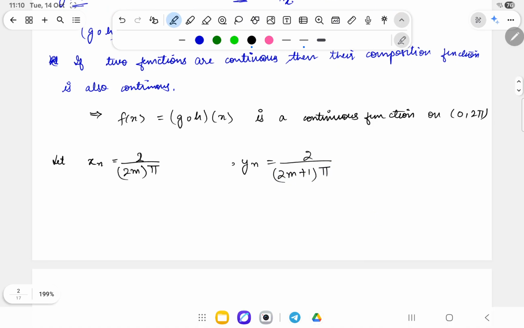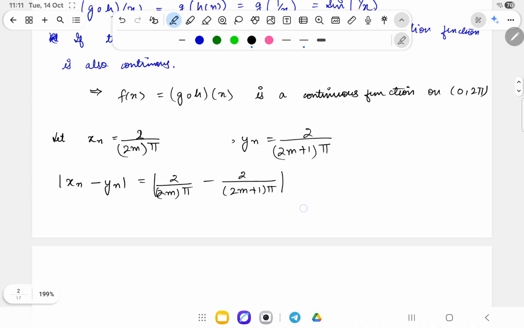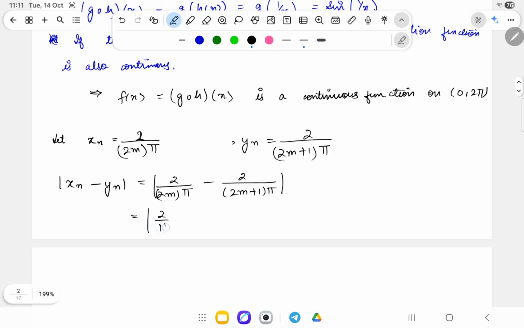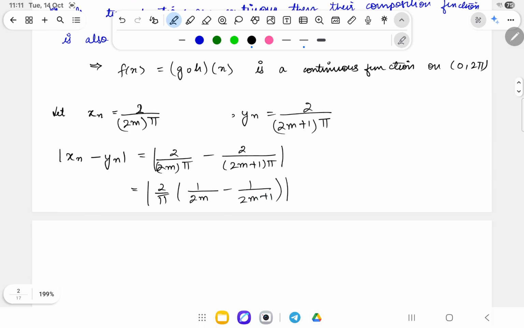Now if I look at xn minus yn, that is 2 by 2m pi minus 2 divided by (2m plus 1) pi, it will be equal to 2 by pi times (1 by 2m minus 1 by (2m plus 1)), that is equal to modulus of 2 by pi into ((2m plus 1) minus 2m) divided by 2m into (2m plus 1).